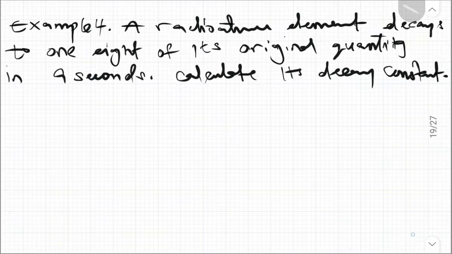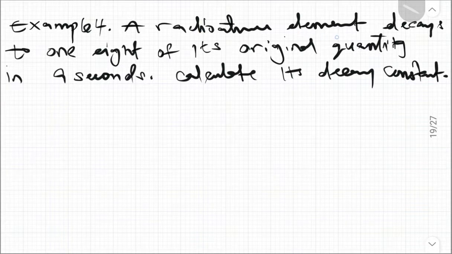Now before I do this, you try this. So we have a radioactive element that decays to 1/8 of its original quantity in 9 seconds. Calculate its decay constant. Of course, what does this mean?